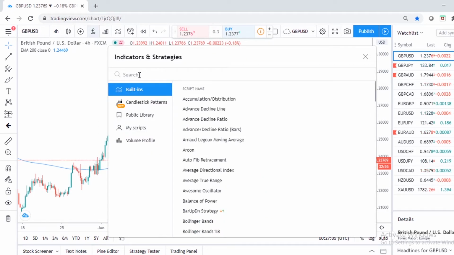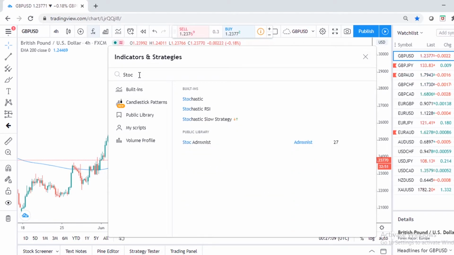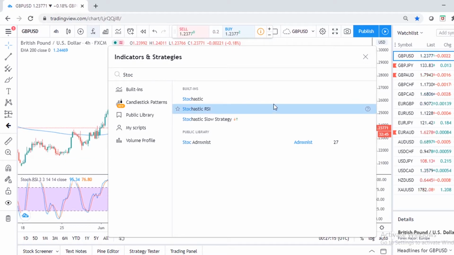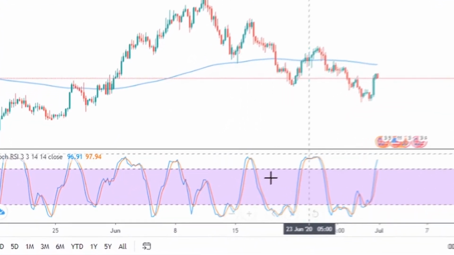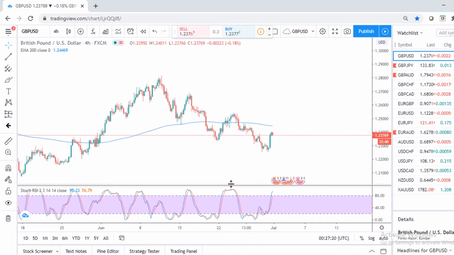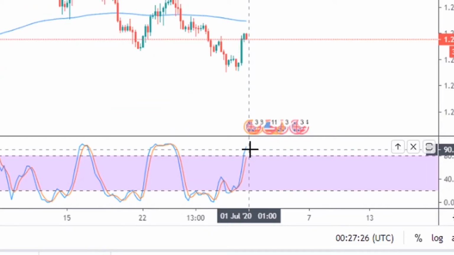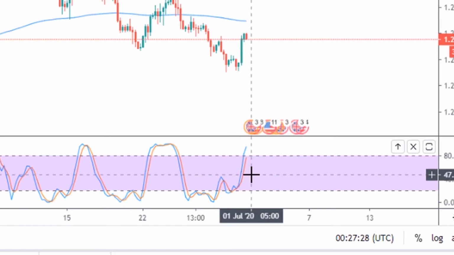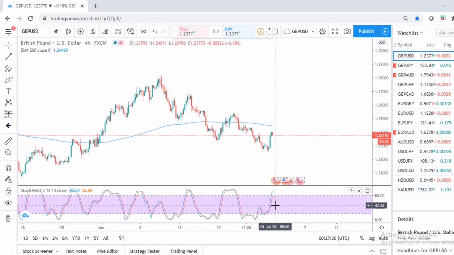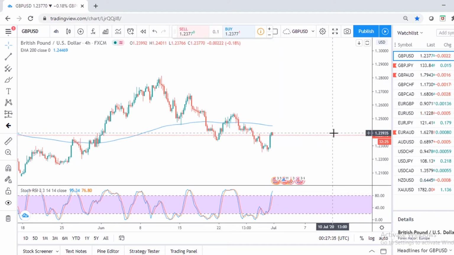So, dito, sa indicators ulit, type ko lang STO, stochastic, and makikita ko na siya, stochastic RSI. Right? Pag kinlik ko yan, close ko lang ulit to, lalabas na to sa ilalim. Okay? Ang ibig sabihin naman nitong indicator na to guys is these lines, kung nasaan siya, indicates if the price is oversold or overbought.